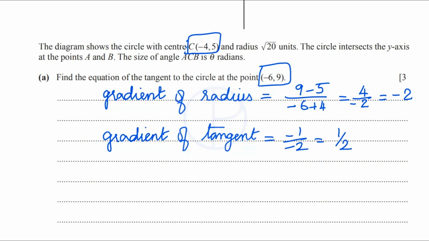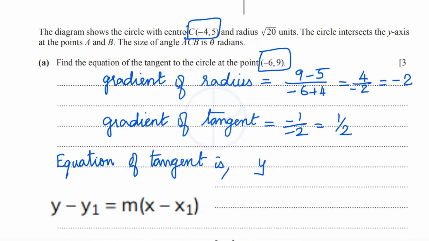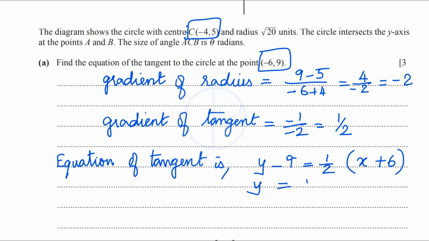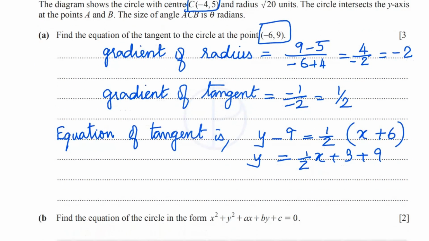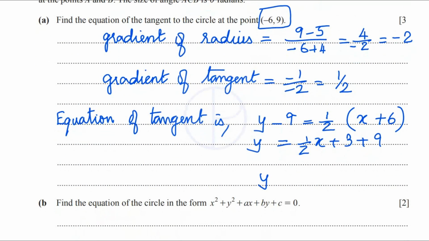By using this, we can write the equation of the tangent. y minus y1 equal to 1 over 2 multiplied by x minus of minus 6, which is plus 6. So y is equal to 1 over 2 x plus 3 plus 9. So y is equal to 1 over 2 x plus 12.